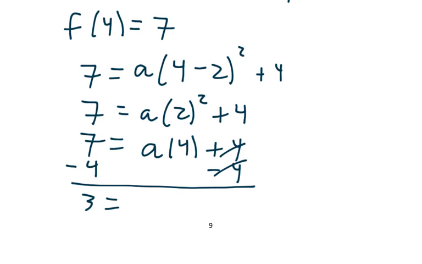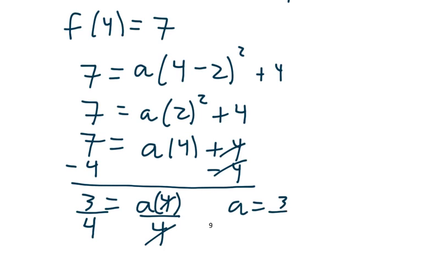We get 3 is a times 4. We want a, so we divide by 4. These cancel, so we get a has to be 3/4. So altogether, let me see if I can fit it over here, f of x is 3/4 times x minus 2 squared plus 4. I think I just fit it. So that's what our f of x is.